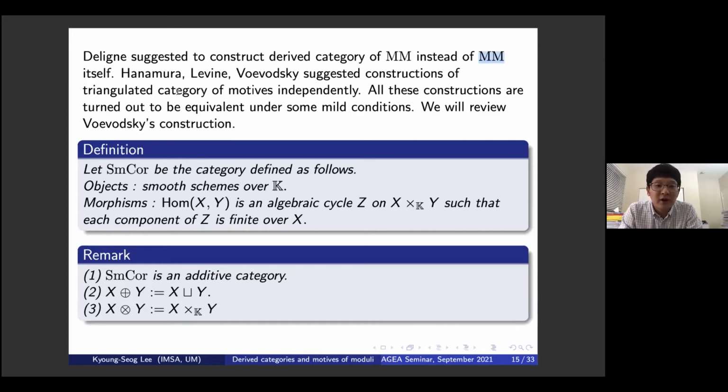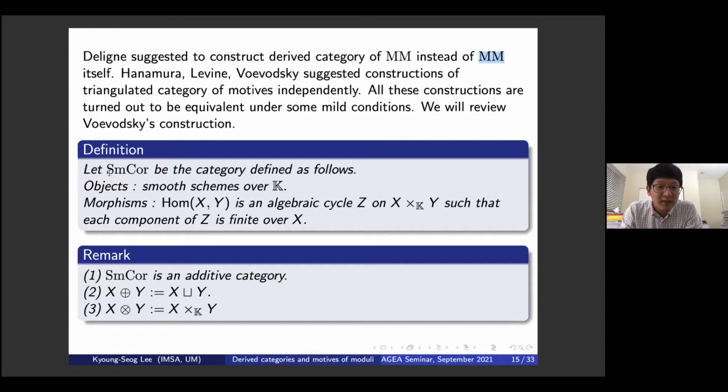Then Hanamura, Levine and Voevodsky independently suggested constructions of this triangulated category of motifs. It turns out that all these constructions are equivalent under some mild condition. We will use Voevodsky's one in order to describe this motif.